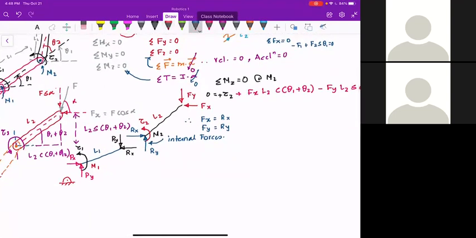So what I'm going to do is find out again for link number 1. For link 1, I'm going to write this equation down, which is tau 2.